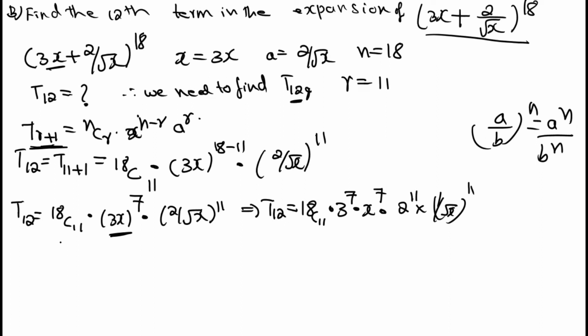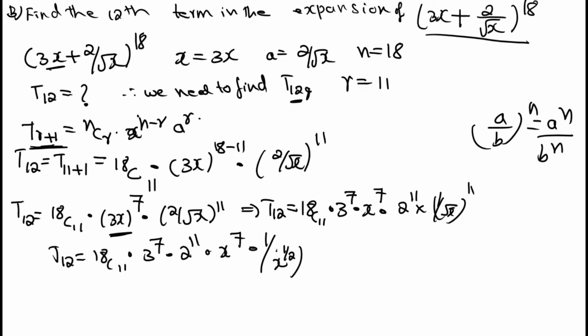In the next step, see, T12 equals 18C11 into 3 to the power 7 into 2 to the power 11 into x to the power 7 into 1 by, what is root x? Root x is x to the power 1 by 2. Okay, to the power 11.